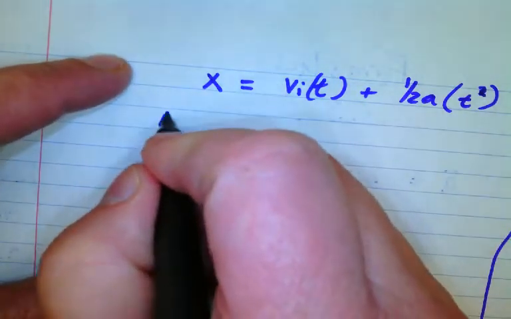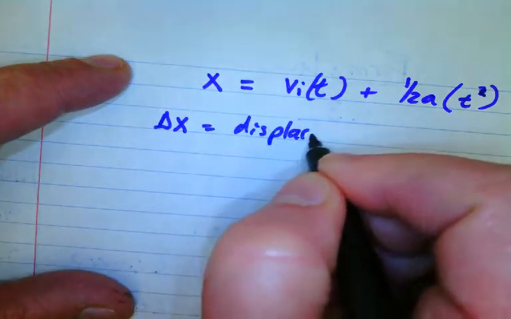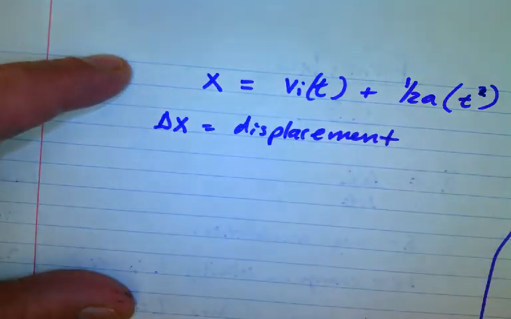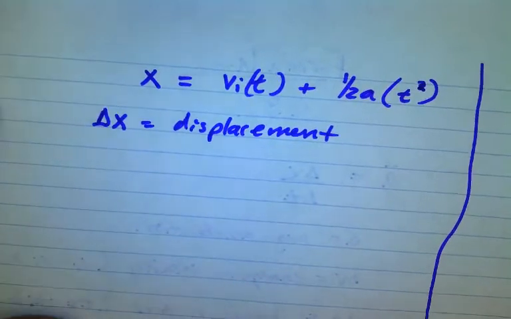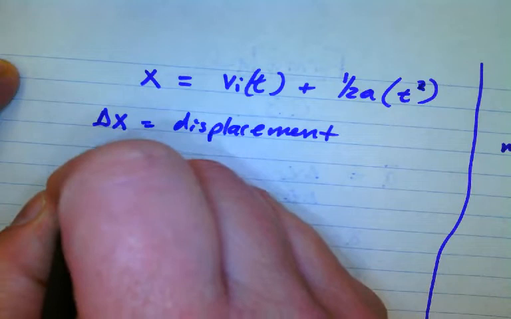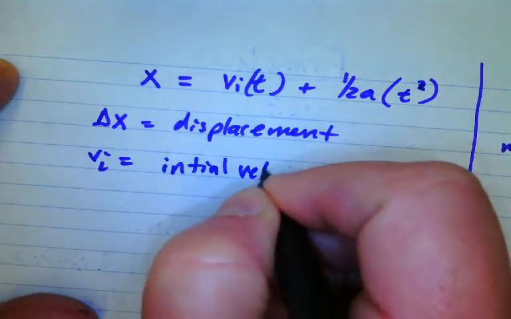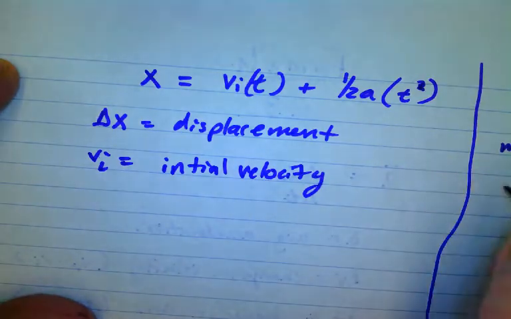So x is displacement, and that's in meters. Vi is initial velocity, in meters per second.